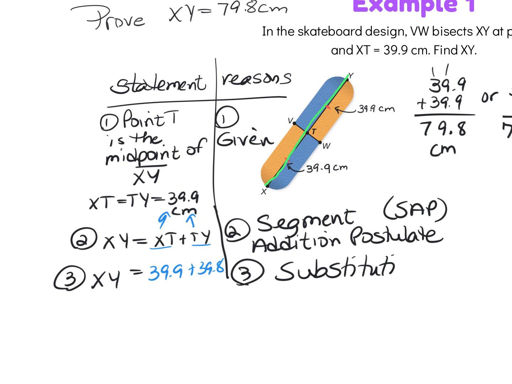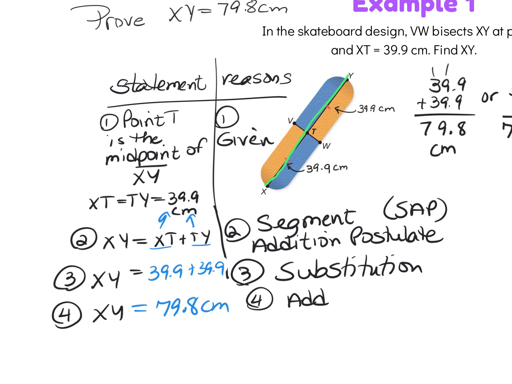I substituted XT with the 39.9 and the TY with 39.9. Next, my next statement is going to be to add those 39.9s, and that's how I can get to the 79.8 centimeters. And my reason is add, or you can also say simplify.